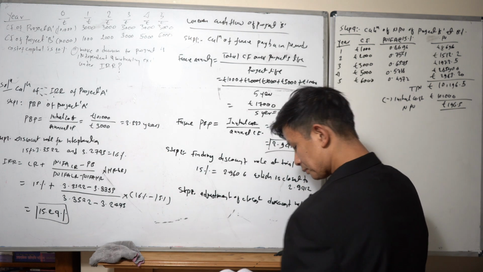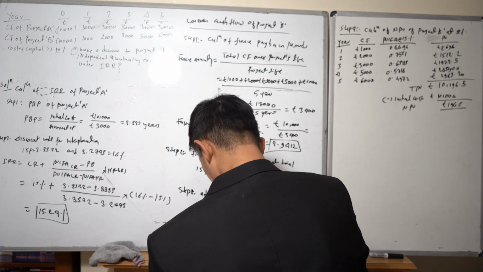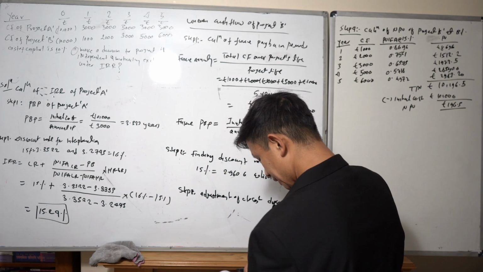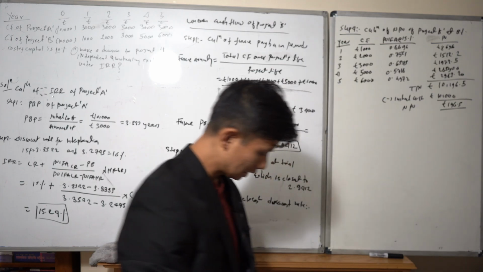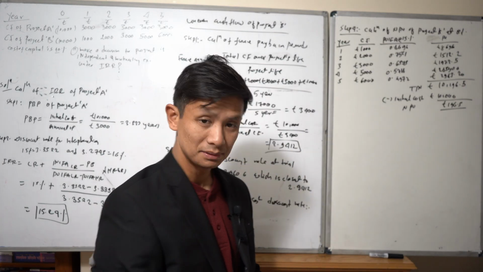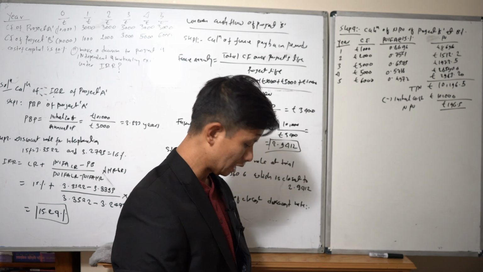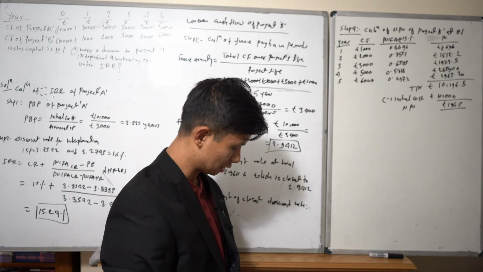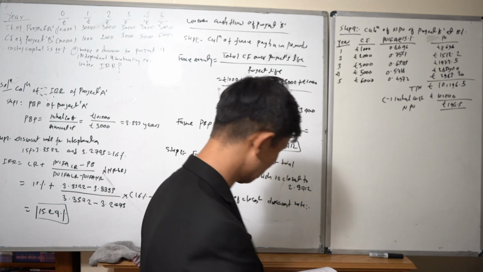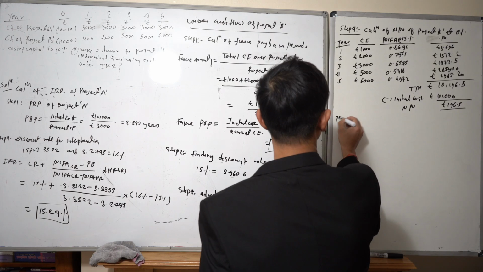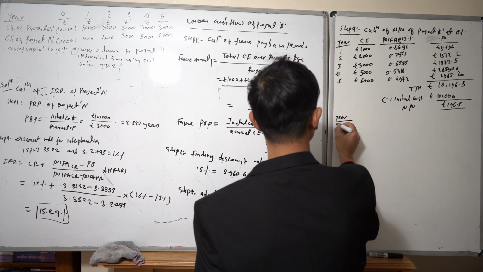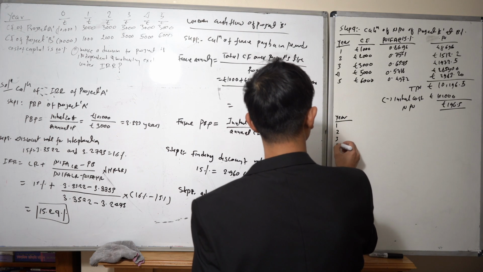The net present value of project B discounted at 15% is 196.5. It indicates that IRR is slightly higher than 15%. So let's try with a 16% discount rate. The present values discounted at 16% are given as follows. So again let's try years 1, 2, 3, 4, 5.